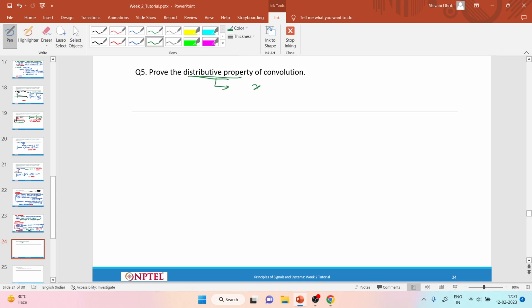If I am having a signal x of t and I am convolving it with the addition of two functions, something like this, that is convolving it with h1 of t plus h2 of t, then this is equal to x of t convolved with h1 of t plus x of t convolved with h2 of t, and we need to prove this.